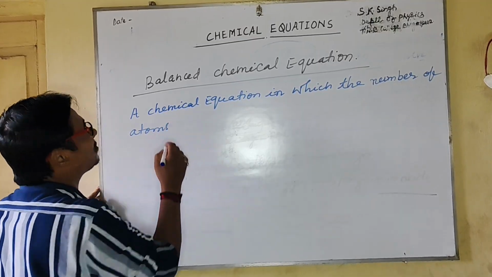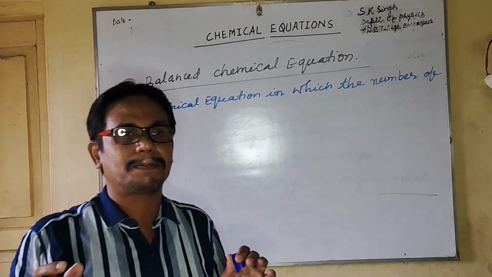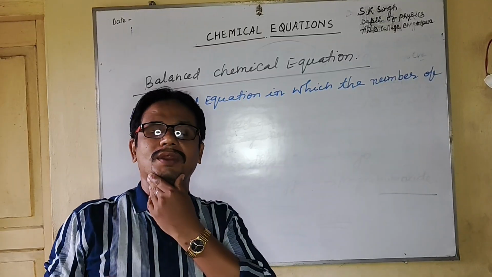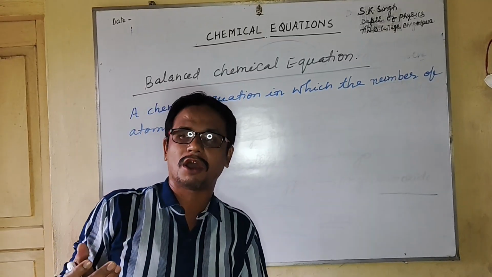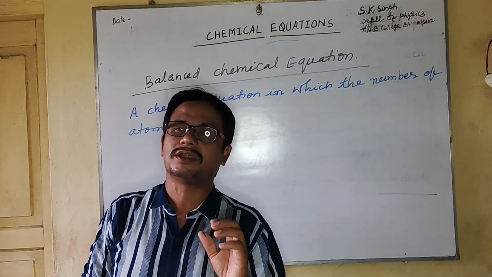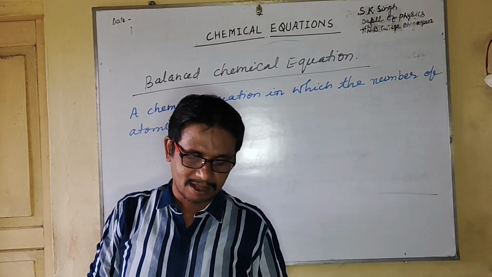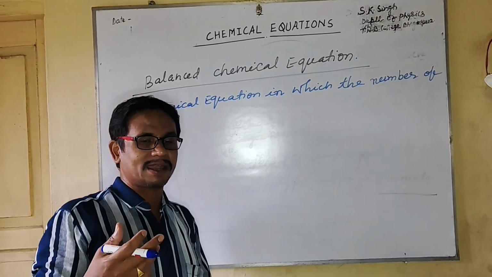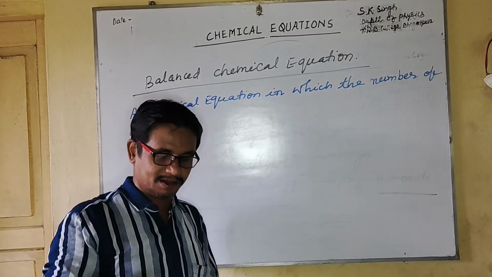What is an atom? An atom is the smallest unit of a substance, or you can say an atom is the smallest particle which takes part in a chemical reaction.